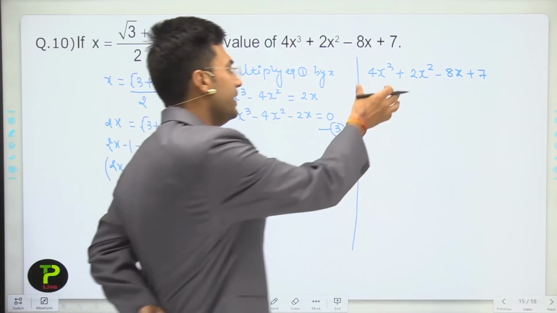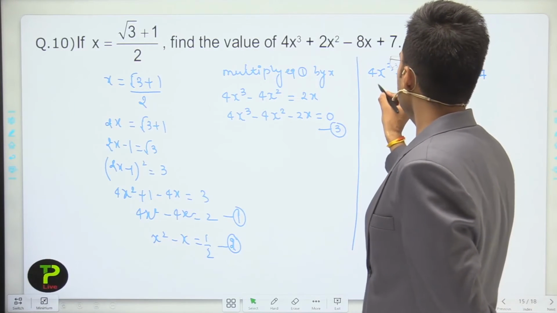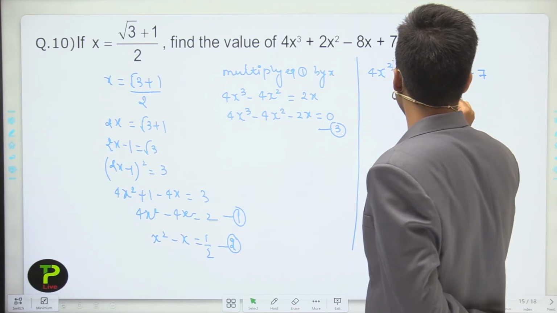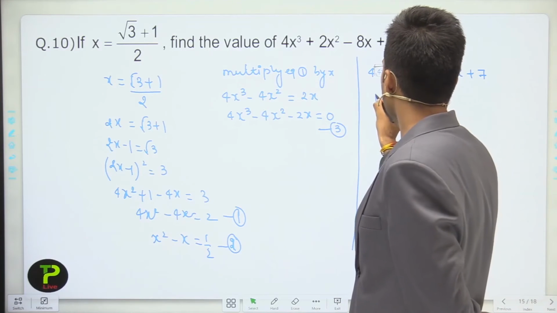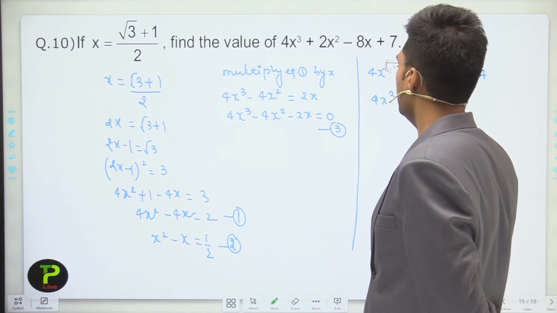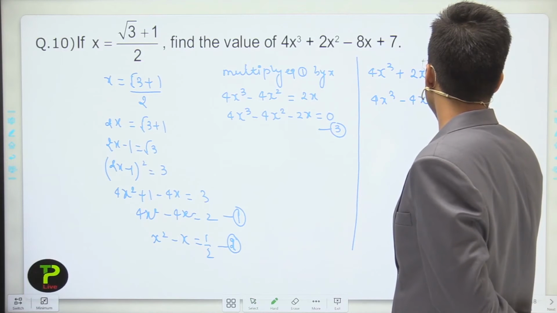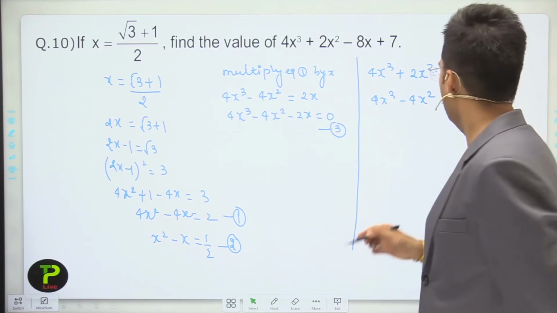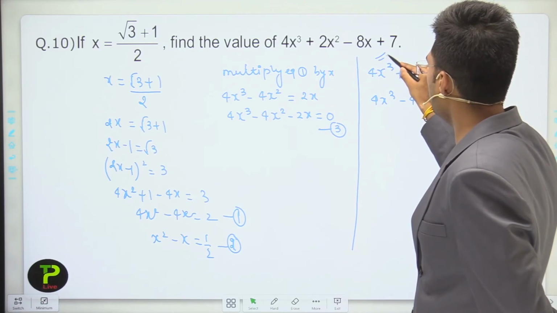Now arrange this equation. Here is 4x cube plus 2x square minus 8x plus 7. We have the value of 4x cube minus 4x square minus 2x, and we require the value of this expression.